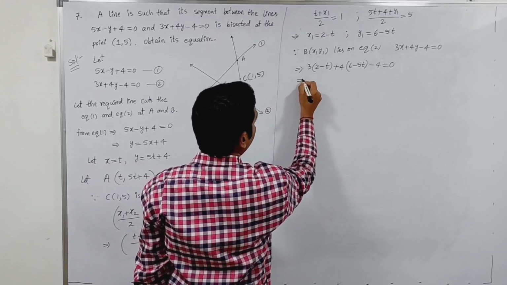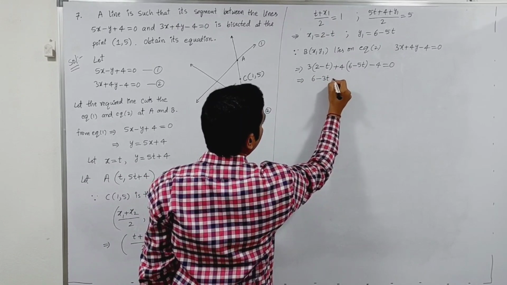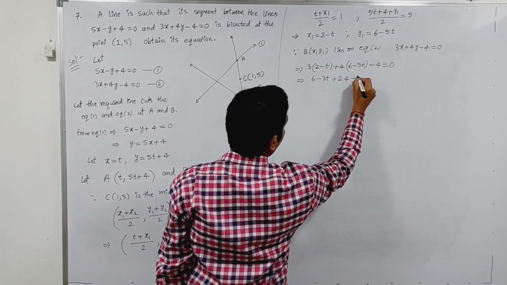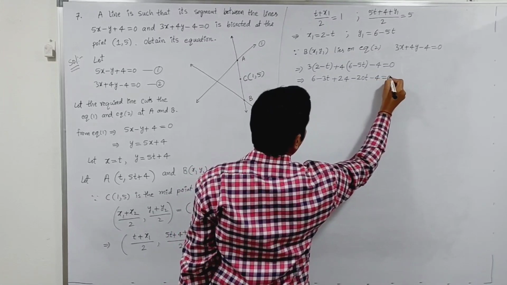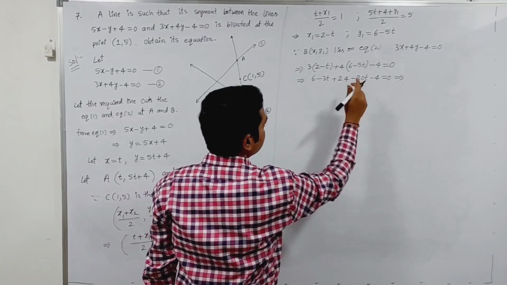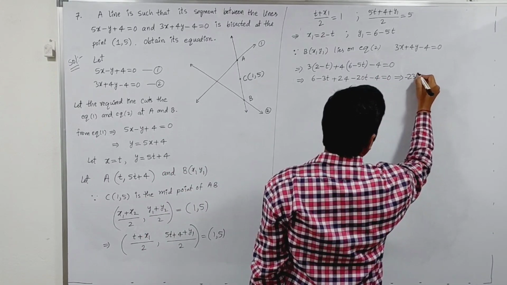From this equation, 3 into 2 is 6 minus 3t plus 4 into 6 is 24 minus 20t minus 4 equal to 0. Minus 3t minus 20t, that is minus 23t.